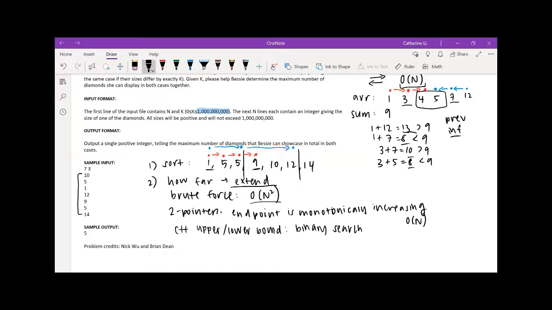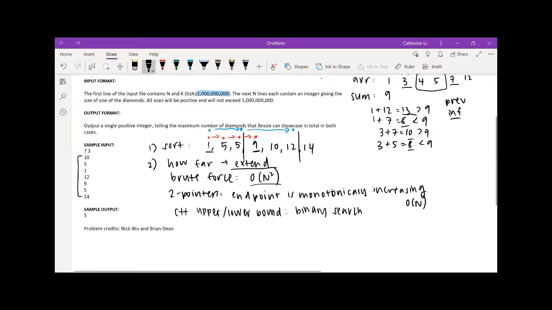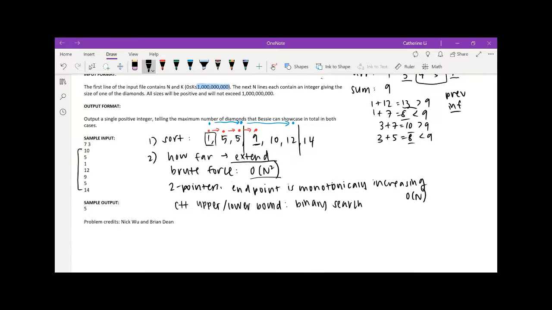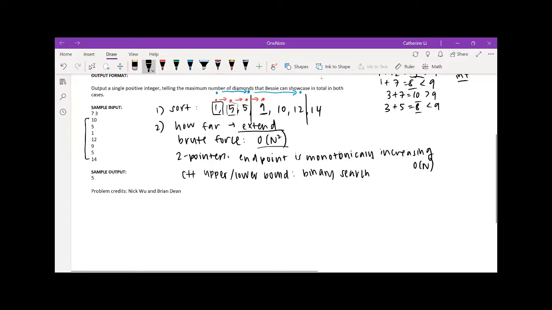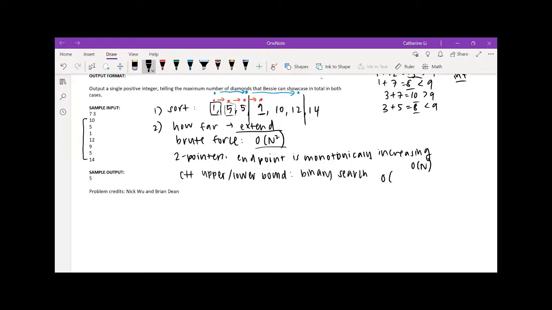That's probably not a great explanation, but basically you can use this to say where does the last number that's less than or equal to 1 plus 3 happen? Or where does the last one that's less than or equal to 5 plus 3 happen, and so on. And these operations are binary search, so log n. And if we do it for n different starting points, that's going to be n log n.